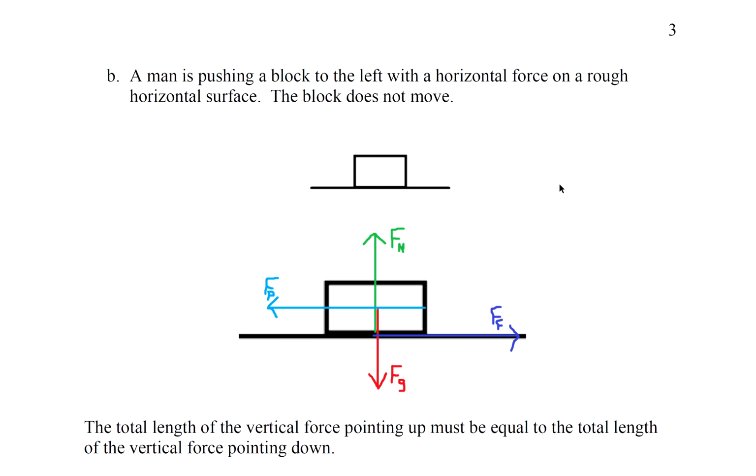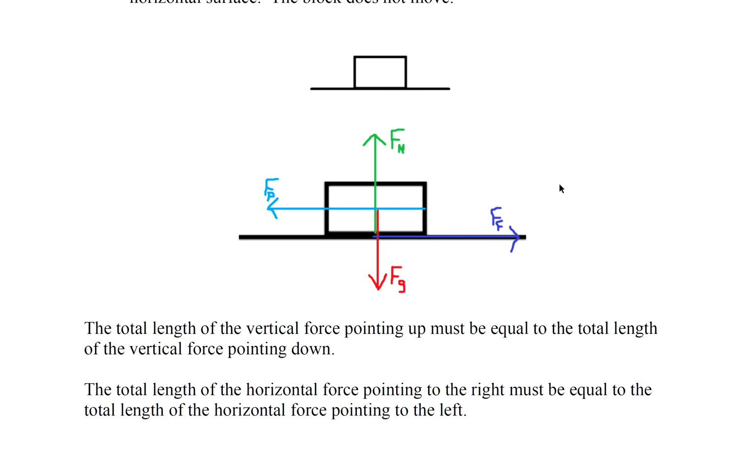So force of push in magnitude should be equal to force of friction in magnitude, because the object doesn't move, the acceleration is 0. Sigma F equals ma. Force normal up equals force gravity down, because the object doesn't move up or down.